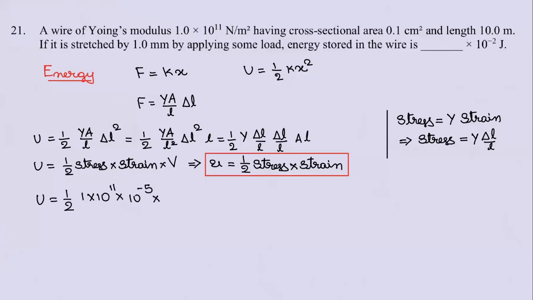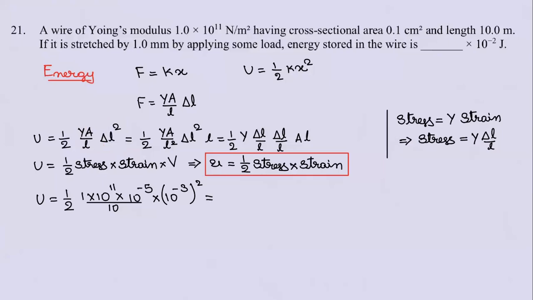Ya by L, length 10 meters, so by 10, into delta L. Stretched by 1.0 millimeter, that is 10 power minus 3, whole square. Why square? Because observe the formula, Ya by L into delta L whole square. So it's a matter of mathematics.